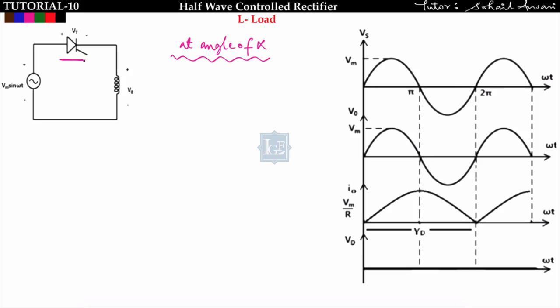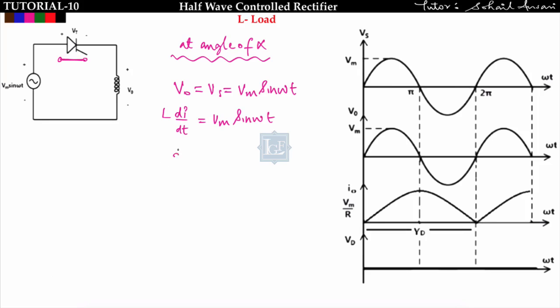The moment you replace this thyristor by a short circuit, I can apply KVL. I will get V naught equal to Vs, that is Vm sin omega t, and V naught can be replaced by L di by dt equal to Vm sin omega t.